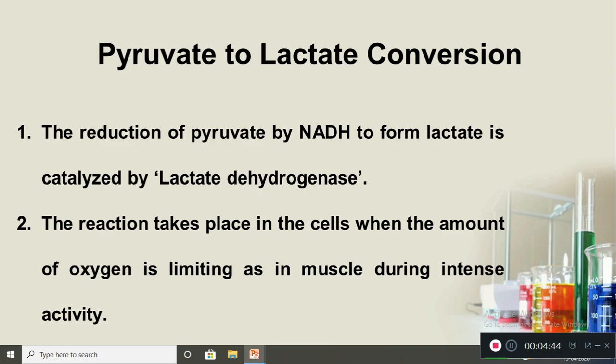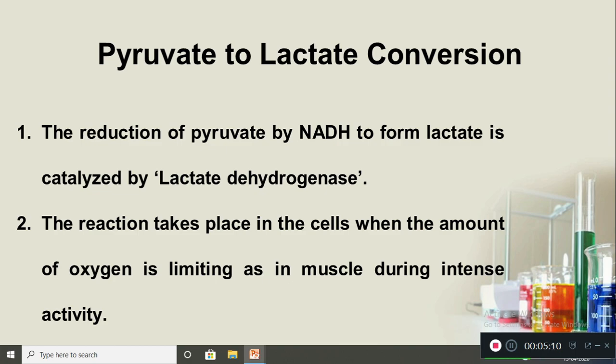The reduction of pyruvate by NADH forms lactate. That process is called the reduction process. Pyruvate undergoes reduction by NADH, and it is converted into lactate with the help of the enzyme lactate dehydrogenase. This reaction takes place in cells when the amount of oxygen is limited, as in muscle during intense activity.